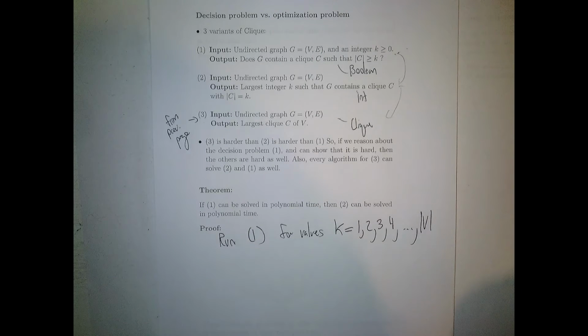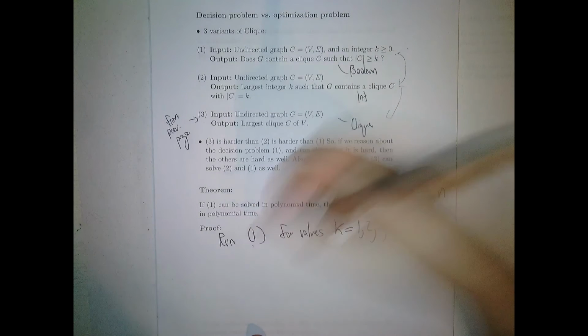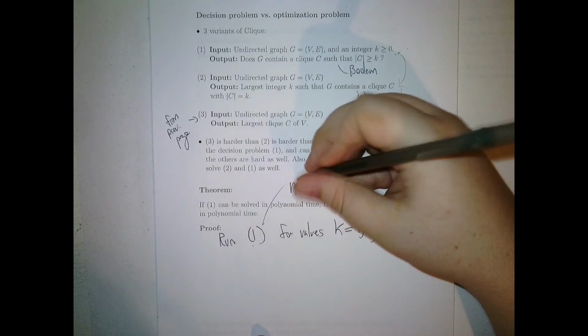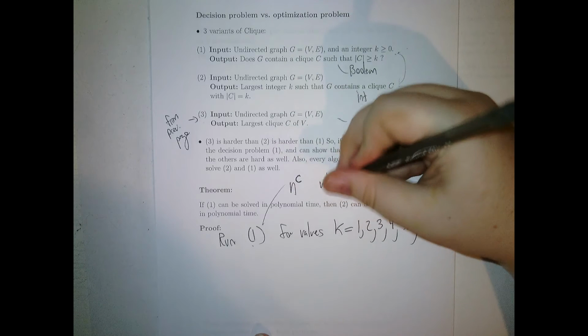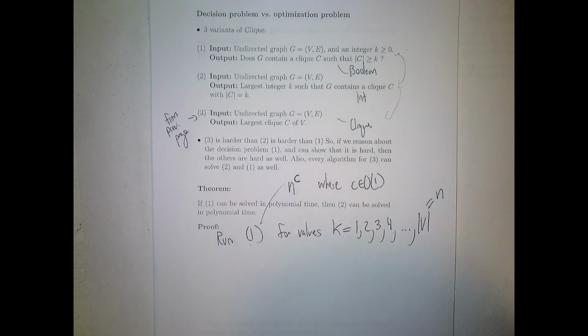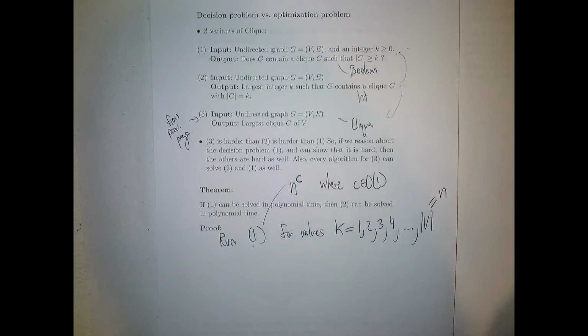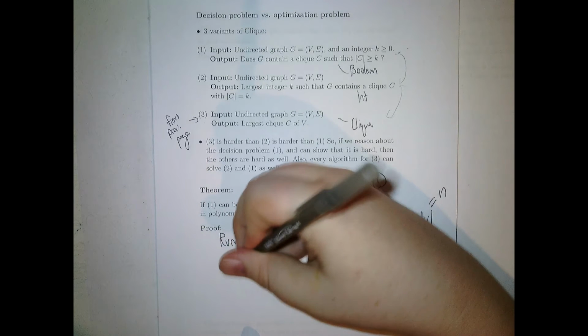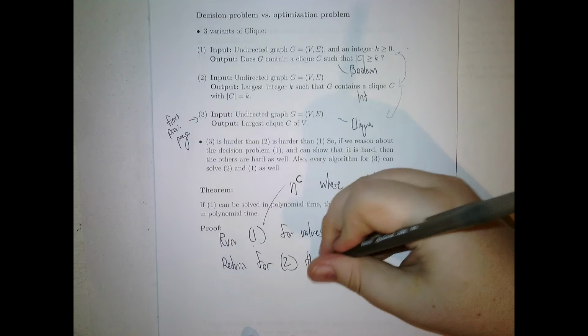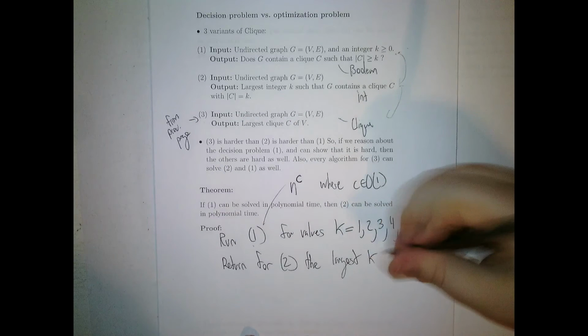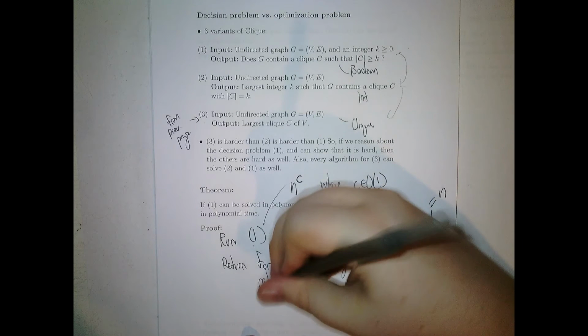Whatever the runtime of 1 is, let's call the number of vertices n, and this is supposed to run in polynomial time, so a runtime of n to a constant c. You can do this for all of those values. Your solution to part 2 is the largest value where this returns true. Return for 2 the largest k where 1 returned true.